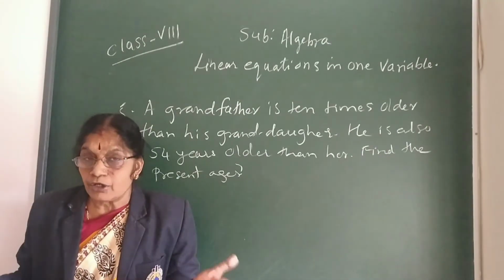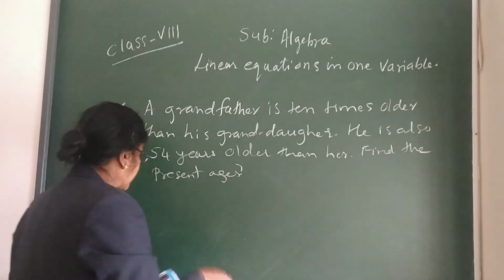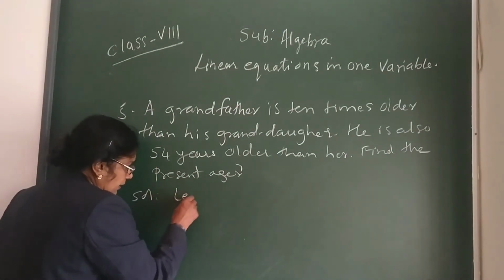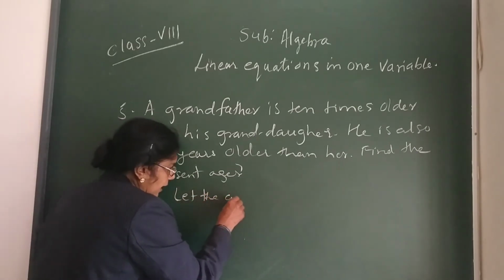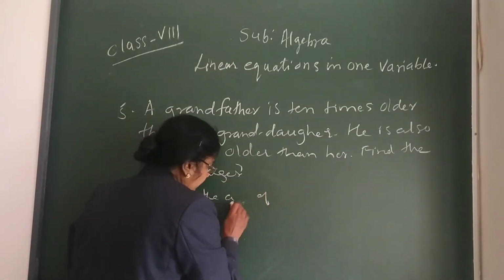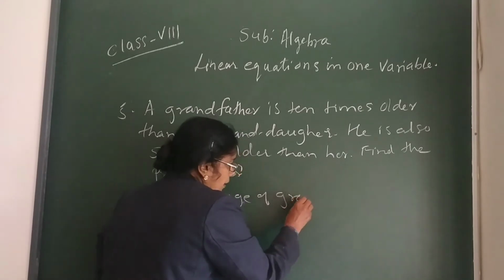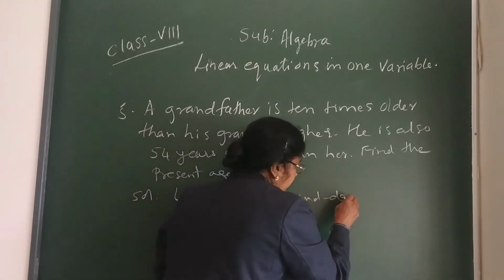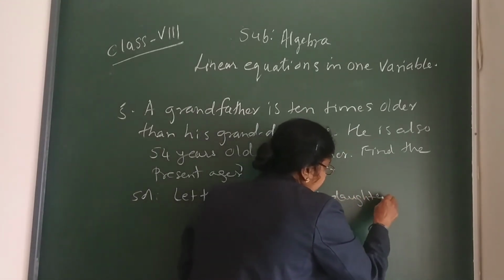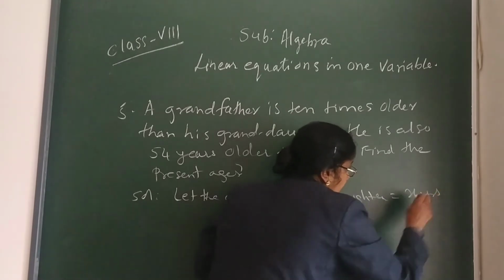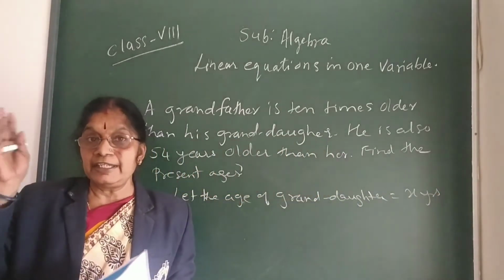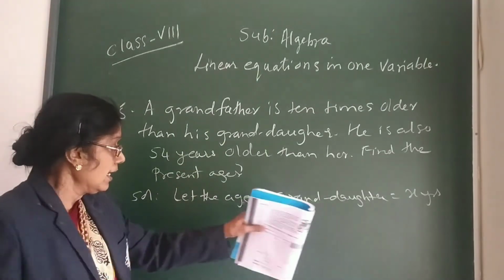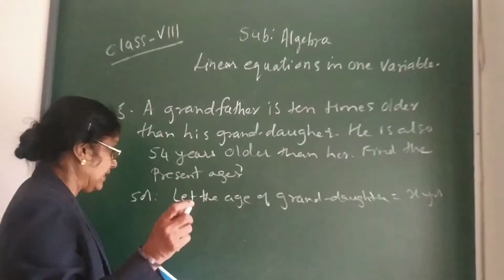We don't know the granddaughter's age. Variable we don't know, always we'll suppose a variable x. So let the age of granddaughter be x years.